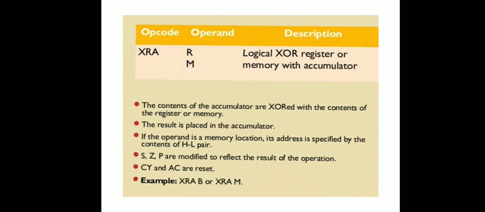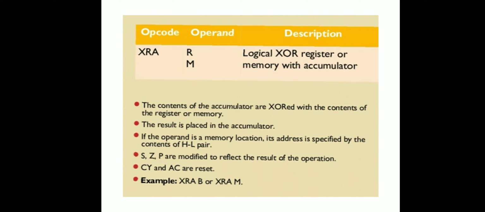Now, XOR operation. This instruction is used for logical XOR of a register or memory with the content of the accumulator. In this instruction, the content of the accumulator is XORed with the content of the register or memory. The result is stored in the accumulator.